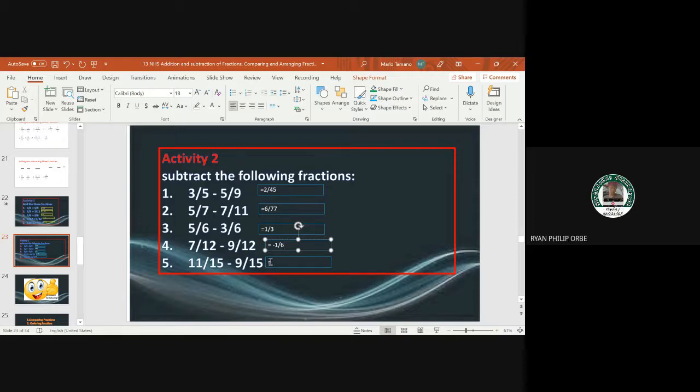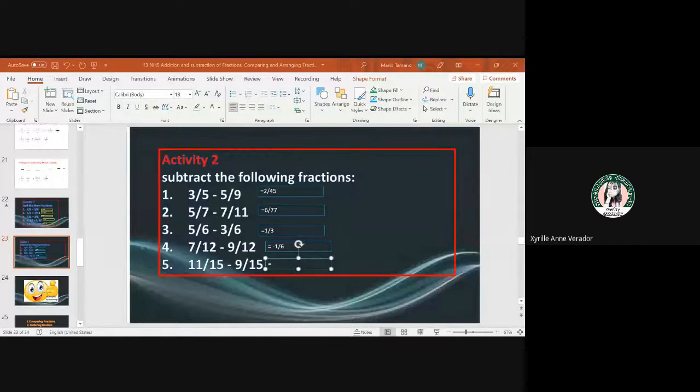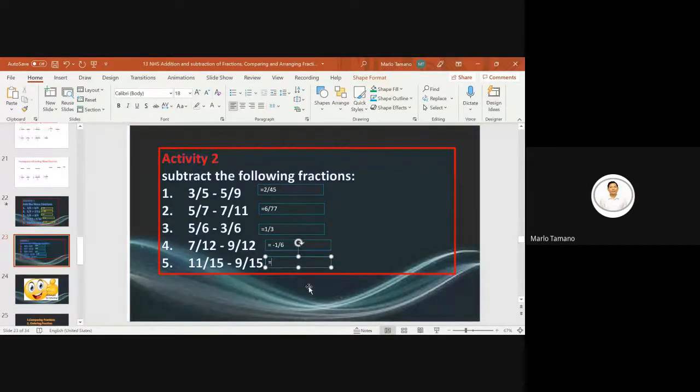Next. Wala na? 2/15 po. Sino yan? Si Zyril? Ano sagot mo, Zyril? 2/15. So, that is correct. Okay po? So, tama po ang ating mga sagot.